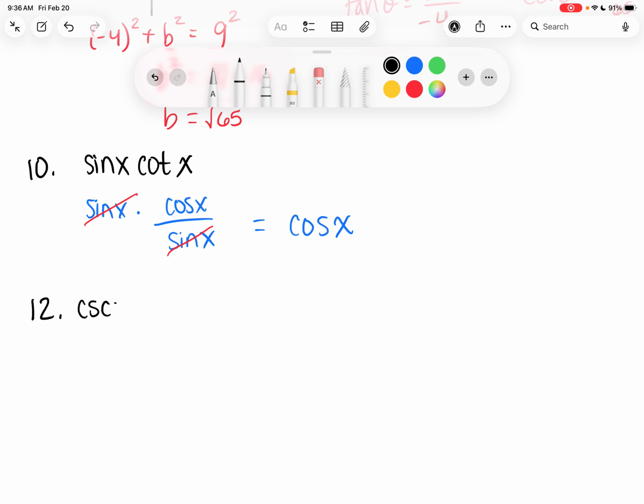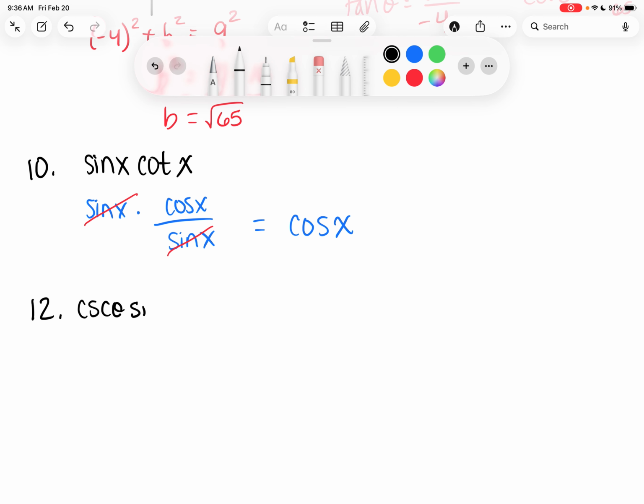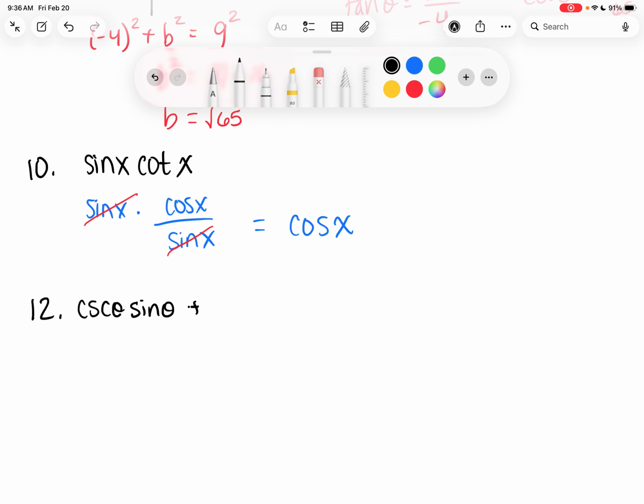Problem 12: cosecant of theta times the sine of theta plus cotangent squared of theta. I'll do my best to explain my process because these problems can be really confusing. Anytime I see a trig function being squared, I think Pythagorean identities.